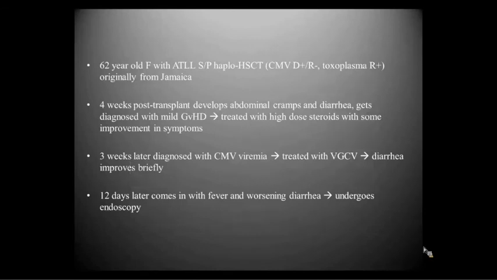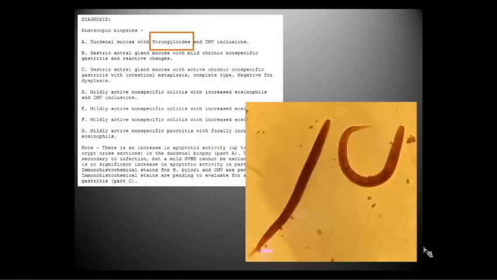All right, I'll give you another example, jumping the gun a little bit. This is an ATLL patient from Jamaica, a stem cell transplant recipient, who was diagnosed with CMV GI disease, C. diff, and Strongyloides all at the same time. I feel very bad about this case because it was a missed opportunity for screening and pre-transplant treatment.